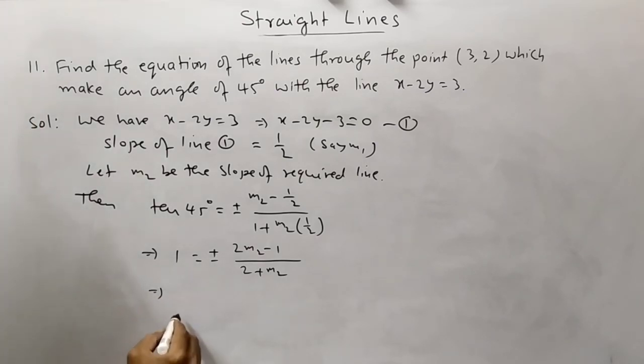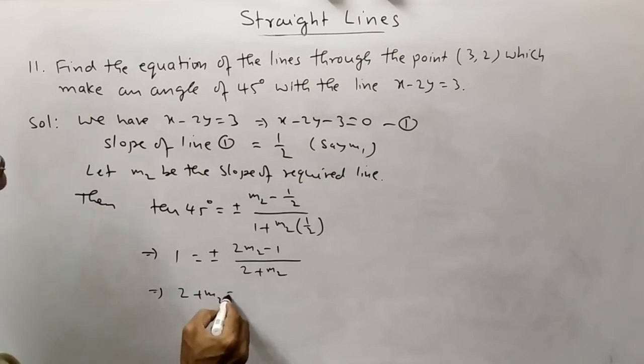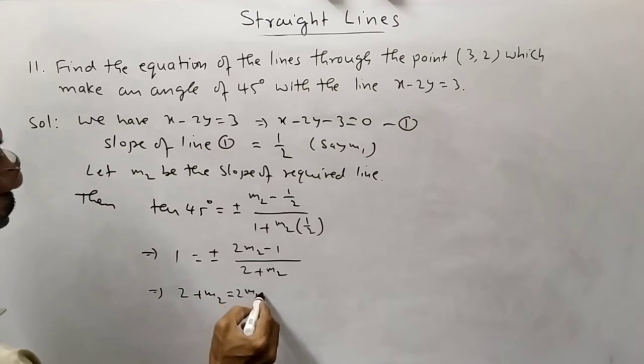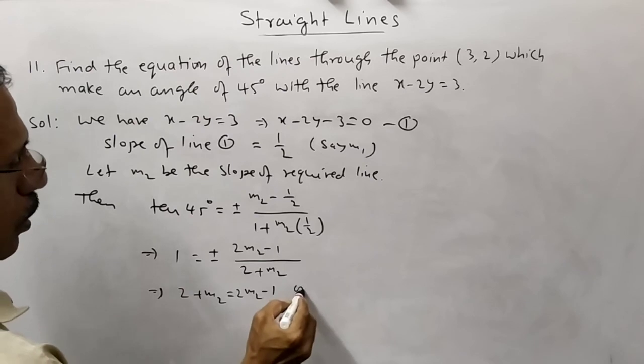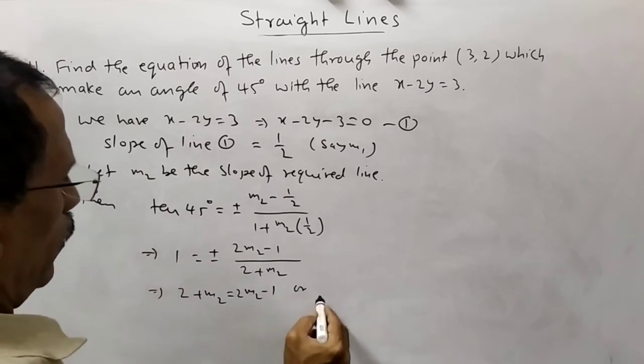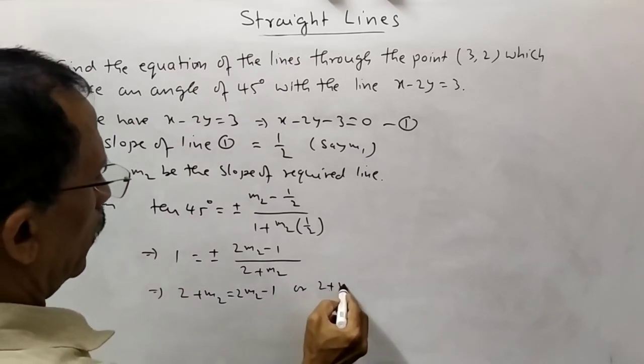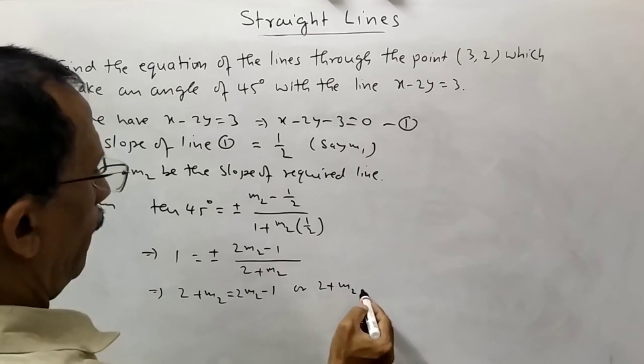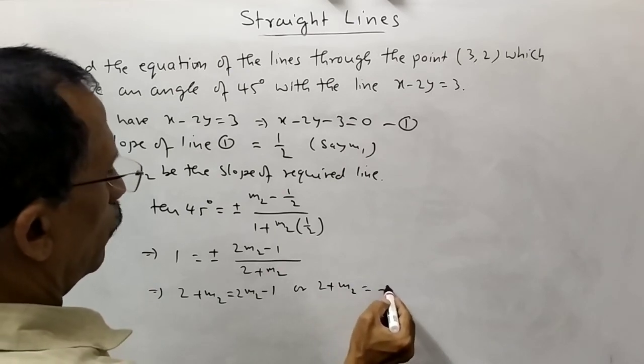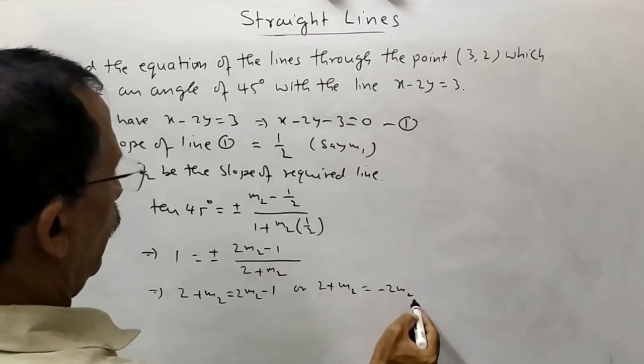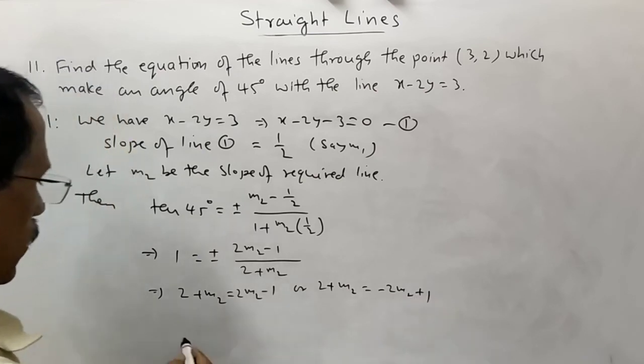This implies 2 plus m2 is equal to 2m2 minus 1, or 2 plus m2 is equal to minus 2m2 plus 1.